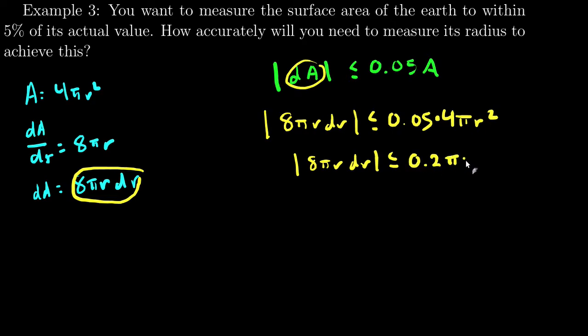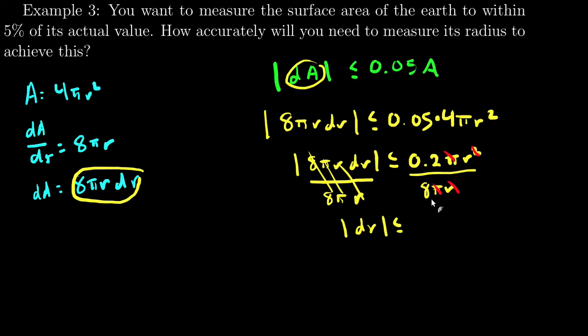I have a pi r squared. I'm going to divide both sides by 8 pi r to try to get dr by itself. Just like before, that's possible even with the absolute values because 8's always positive, pi is always positive, and the radius of a sphere will always be positive. These all cancel, so I'm left with the magnitude of dr is less than or equal to, on this side, pi's cancel.